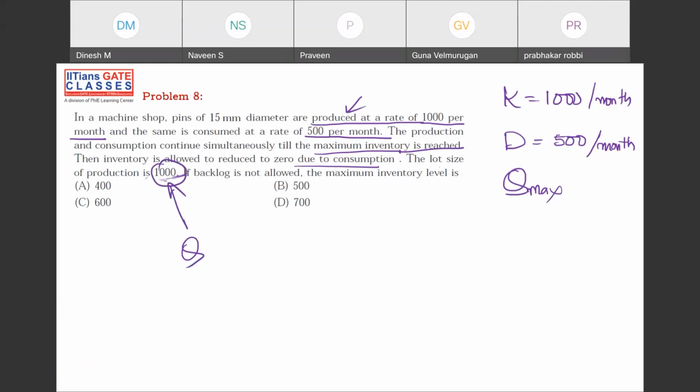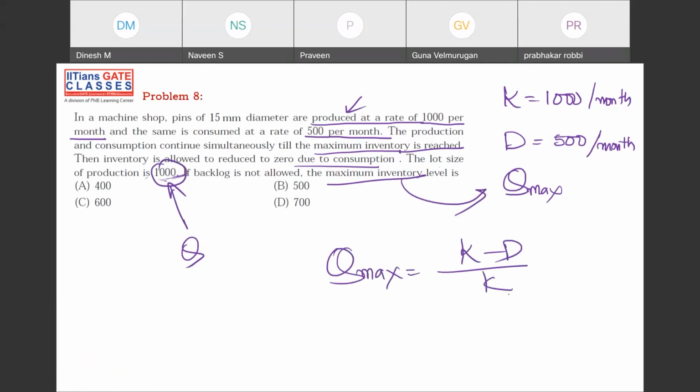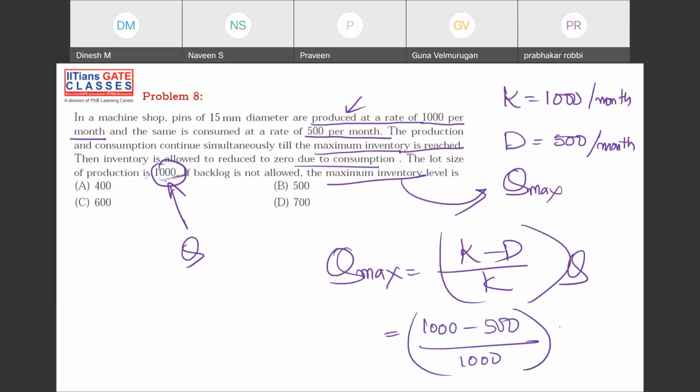For that cycle, they are trying to produce 1,000 pins, and they're asking for Q max. We have seen the formula already: Q max is (K minus D) by K into Q. K is 10,000 minus D, that is 500, divided by K, that is 10,000, into Q, that is 1000. The 1000 cancels: 10,000 minus 500 is 9,500 by 10, giving the answer.